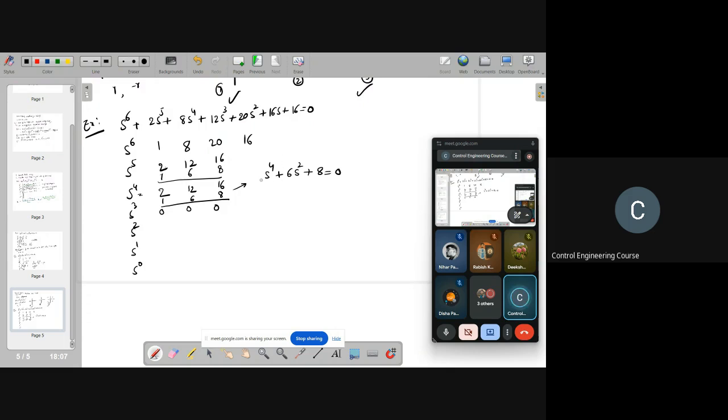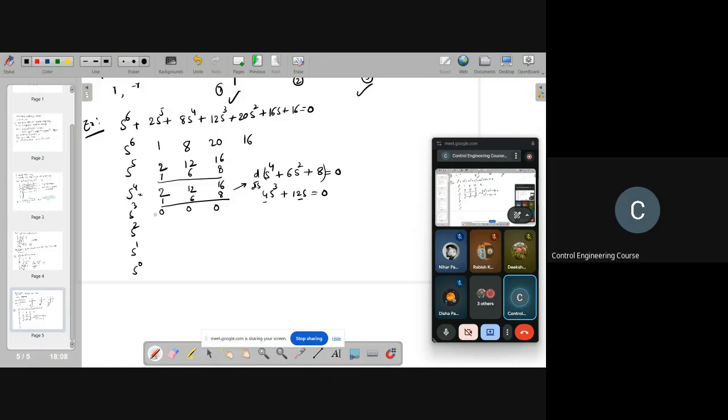Now differentiate this with respect to s, then you will get 4s cube plus 12s equal to 0. So these are the coefficients for the fourth row.